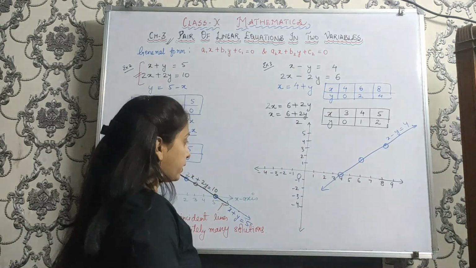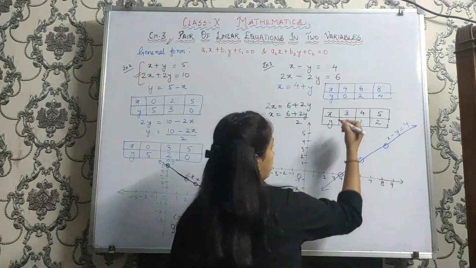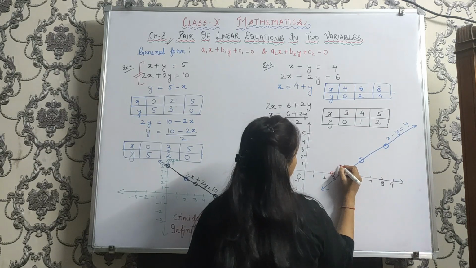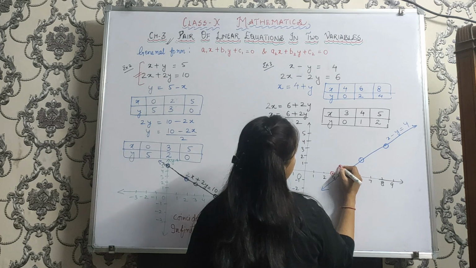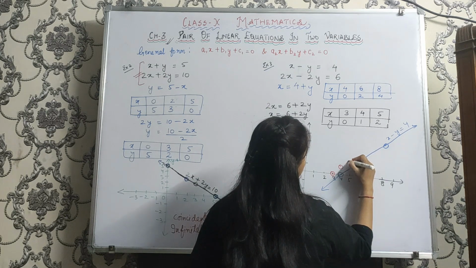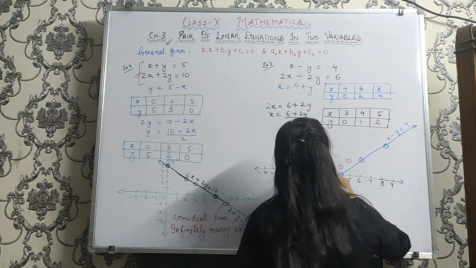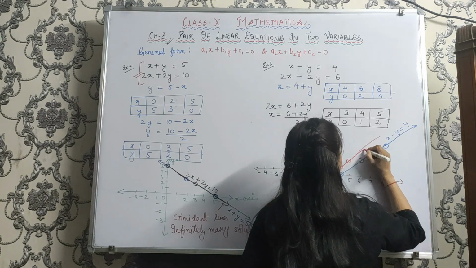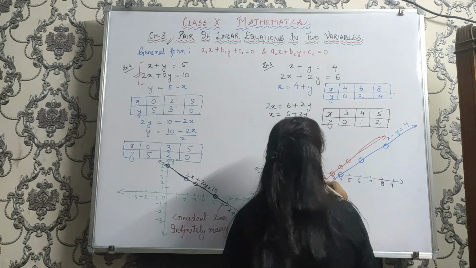So if I take the second line, the points are 3, 0, it is here, 4, 1, it's here, and 5, 2, it's somewhere here. So when we join these 3 points, can you see the type of lines being obtained in this case?